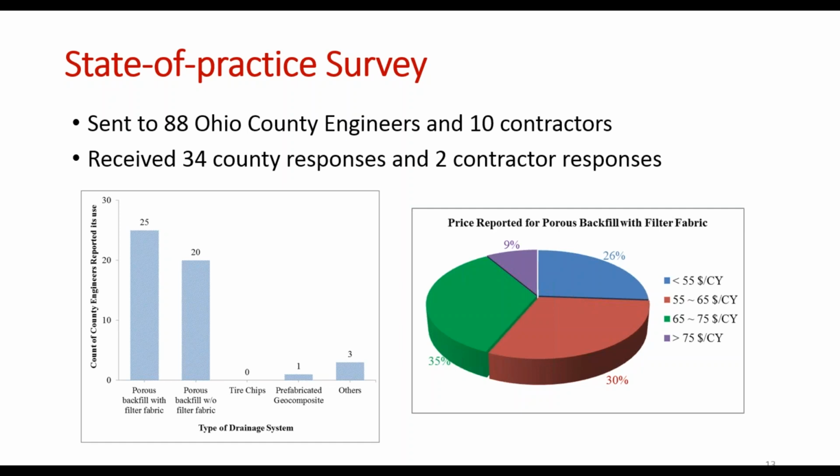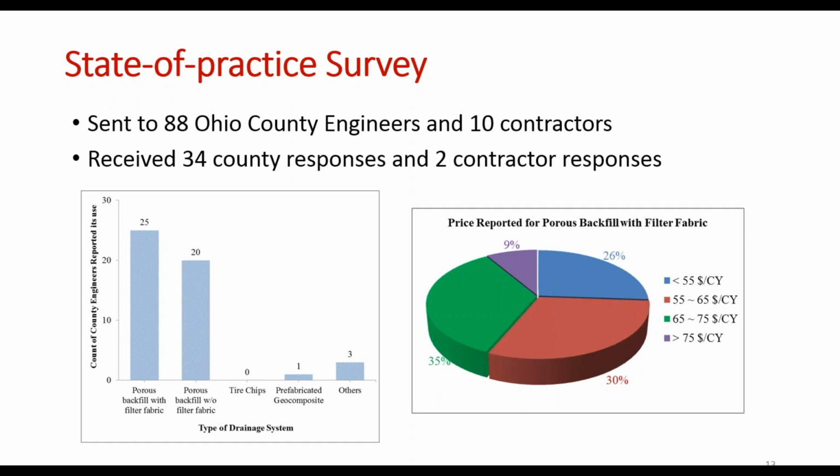So as you can see, the left-hand side figure is a summary about the usage of the drainage system in Ohio. The majority is the specified method, which is a porous backfill with a filter fabric. But there is still a big chunk who are using the porous backfill without the filter fabric. We identified one response which mentioned the use of the prefabricated composite system, but only one case.